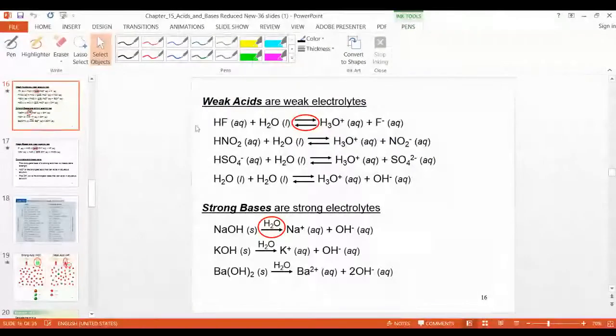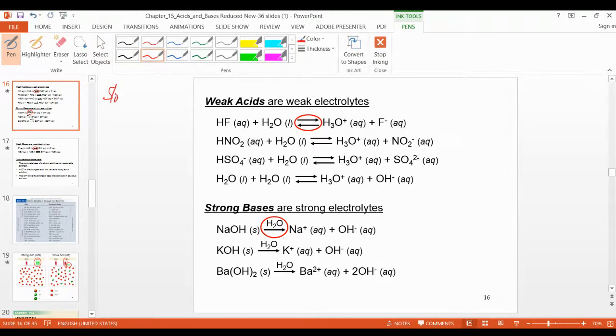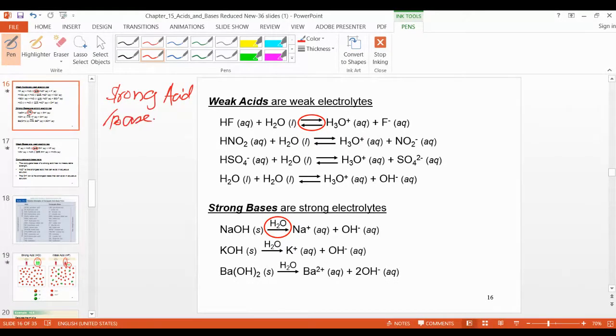So these are the weak acid and weak electrolyte dissociation. Okay, let me explain here again. Strong acid or base: dissociation is 100%, right? 100% dissociation into ions.